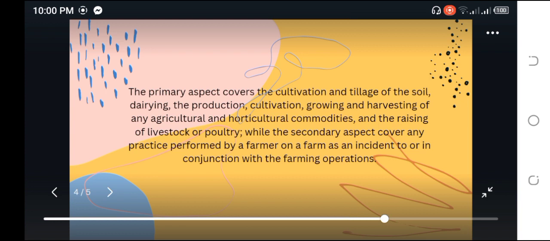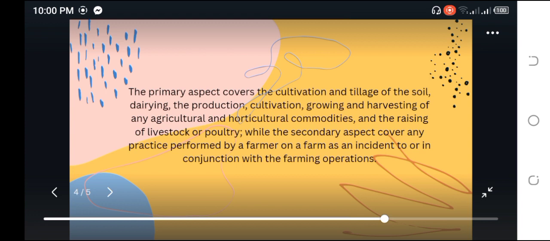Primary aspects are about making food, taking care of the environment, and supporting the economy. They help provide us with things like milk, fruits, vegetables, meat, and eggs.